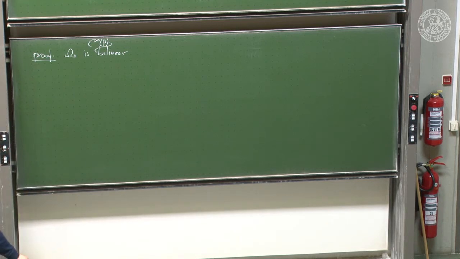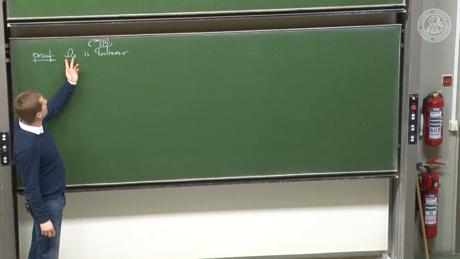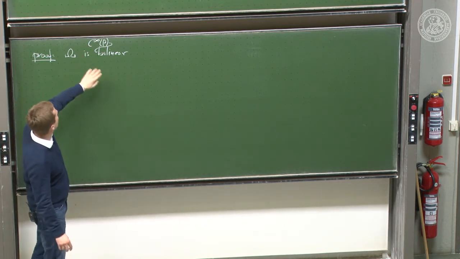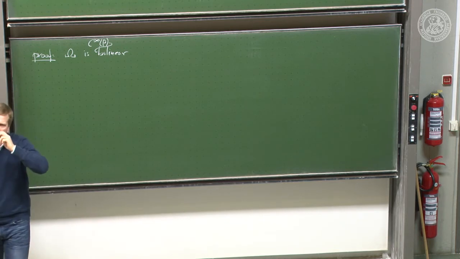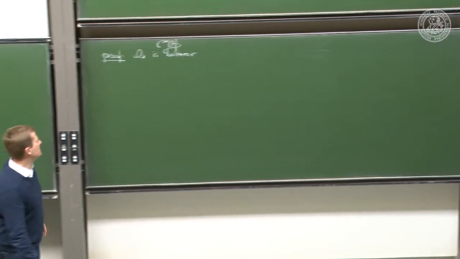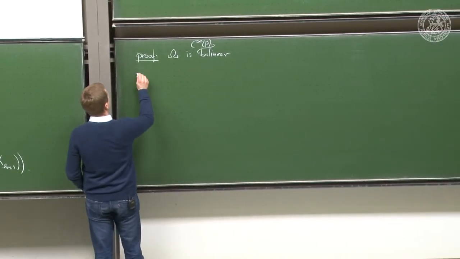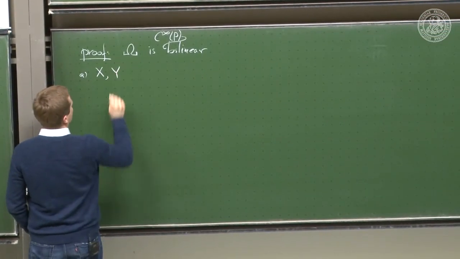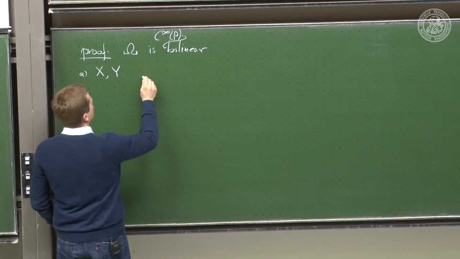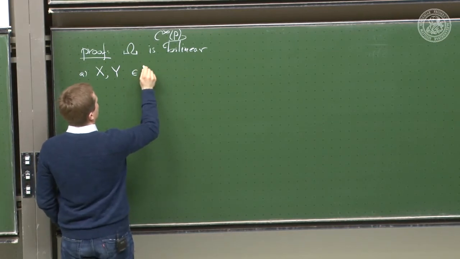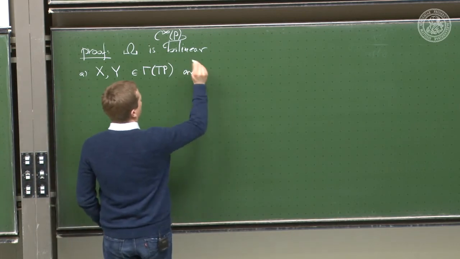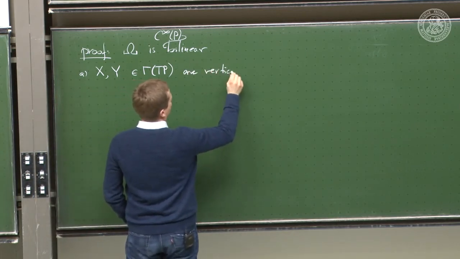We can decompose any of the vectors X, Y that appear in the slots of omega into a vertical and a horizontal part and discuss the cases independently. So we have three cases. We have to first consider the case that both the vector X and the vector Y that we plug into the omega, so vector fields on TP, are vertical vector fields.